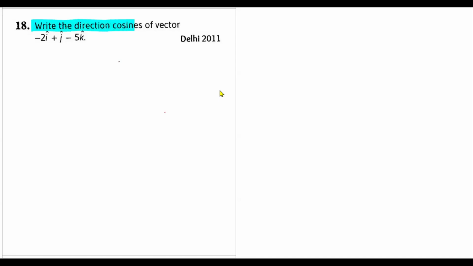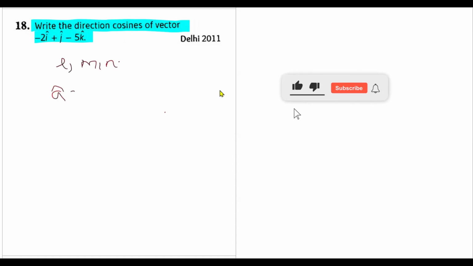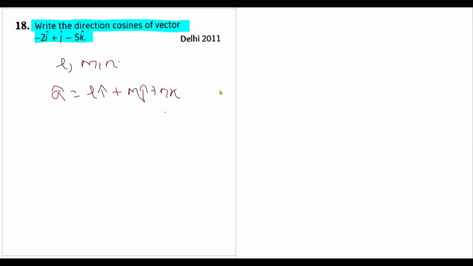In the next question, we have to find the direction cosines of this vector. So what are direction cosines? These are l, m, n. If I write a unit vector, its scalar components are li plus mj plus nk cap.